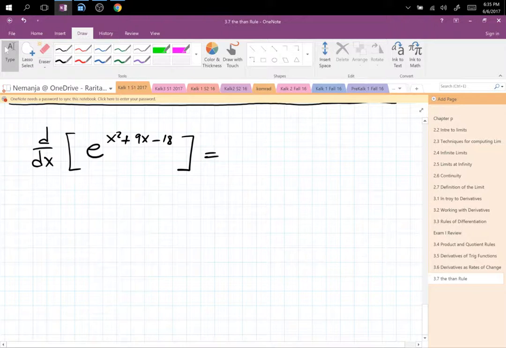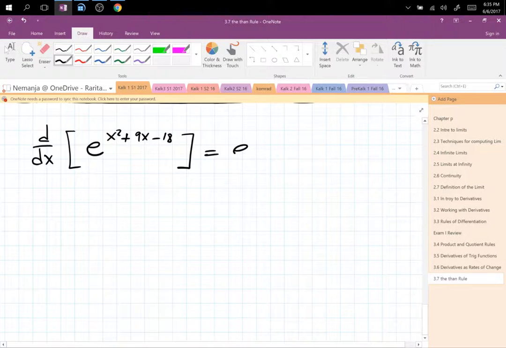So which one is the main function? E to the x. So what is the derivative of e to the mass? It is e to the mass times the derivative of the mass. You always take the derivative of the mass. Done deal.